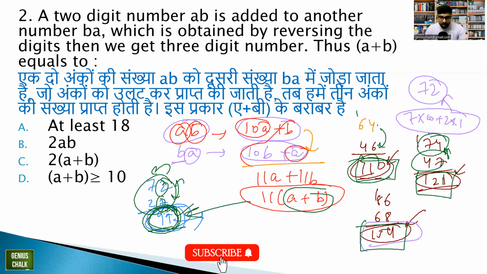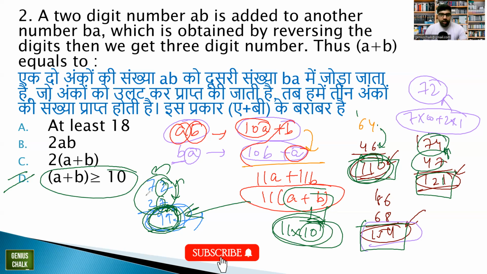Now, the point is that all the numbers are multiples of 11, whether the result is a two digit number or a three digit number. But the important point is, for a minimum three digit number requirement, A plus B must be 10. Then only the answer of the question is a multiple of 11. So what is my answer?